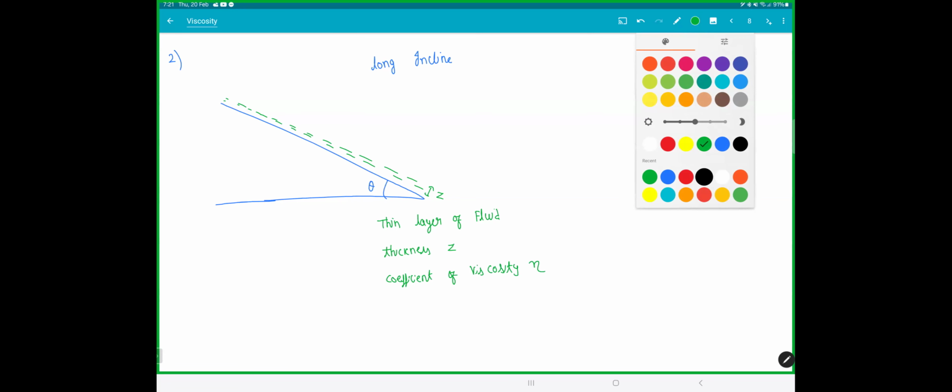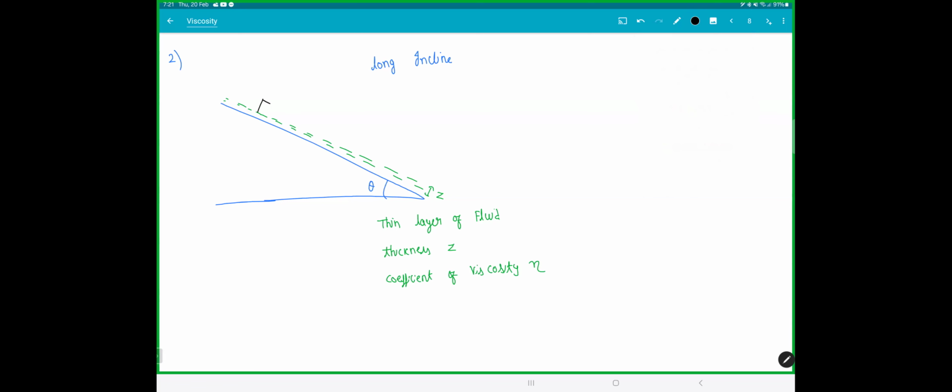Now you kept a plank on top of this. This is a plank of mass M and area A. Released from rest. So what will happen? This plank will start sliding on the incline.